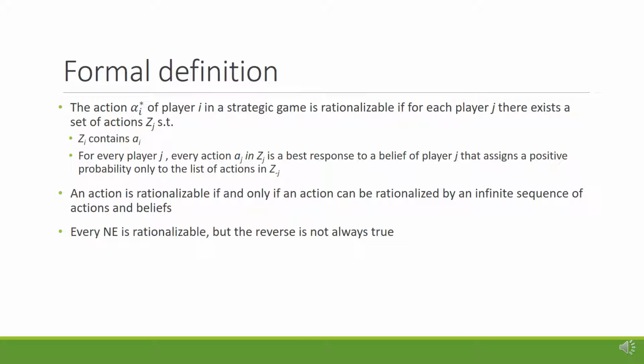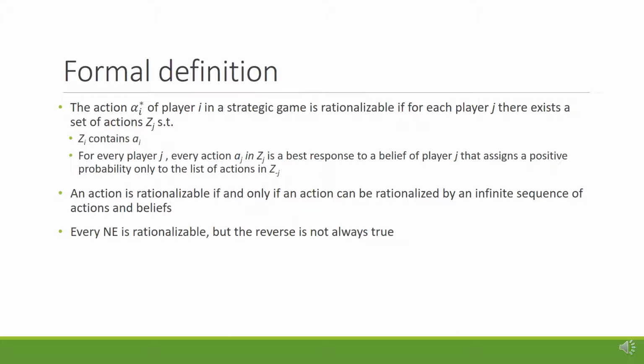So here we have the formal definition of rationalizability. In simple words, what it means is that, for example, if we consider just a two-player game, for every action of player 2 that player 1 assigns a positive probability to, which means every action of player 2 that player 1 sees as likely to take place, that player 2 could play, her response should be such that it gives her the maximum payoff given player one's action, or player two's action.